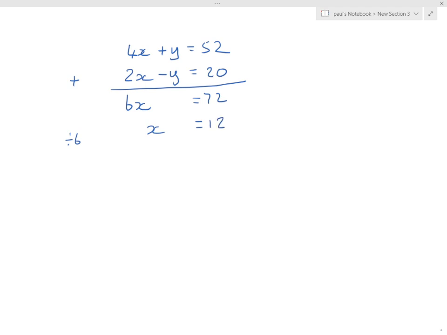Now I'm going to do the one without the minus. 4x plus y equals 52, and x is 12. So 48 plus y equals 52. Take away 48, so y equals 4.